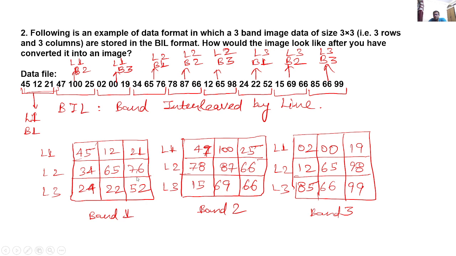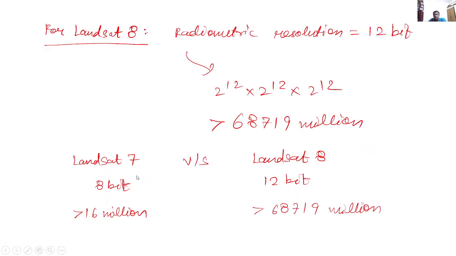Sir, what is the basic difference between Landsat 8 and 7? The basic difference is that the radiometric resolution has changed. In Landsat 7, the radiometric resolution is 8 bit.